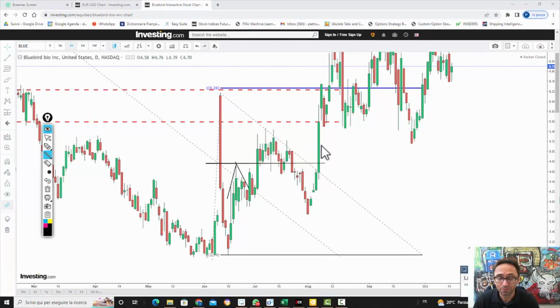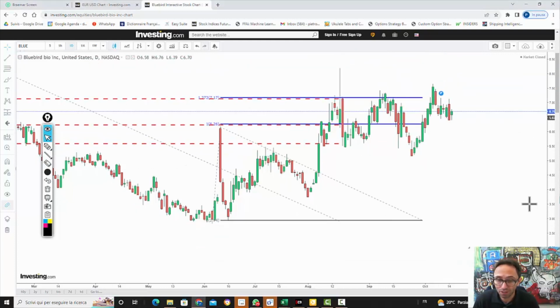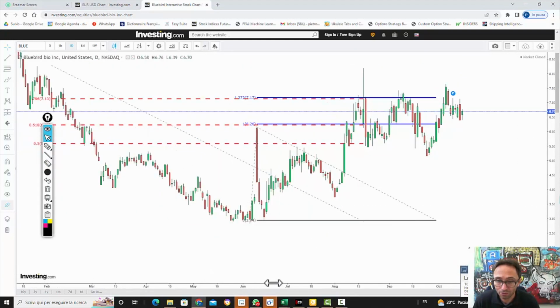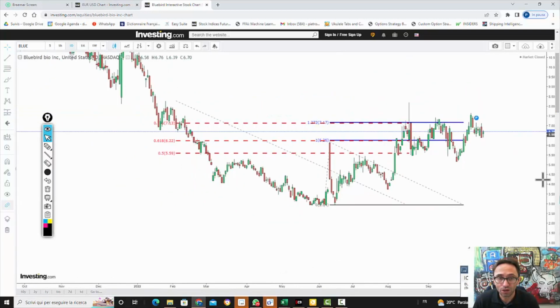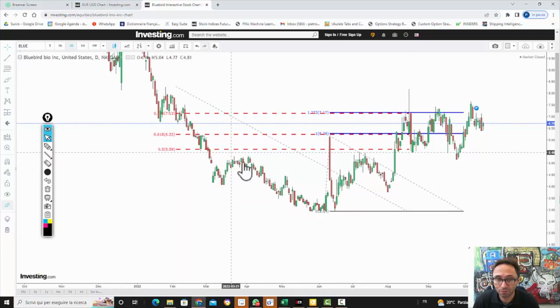So at the same time, how do we look at this in a broader way to try and think, after this big move, how much can it go, right? How much can this go? So we tried to draw our fib retracement here, and we got the values 61, 78, the 50% retracement.